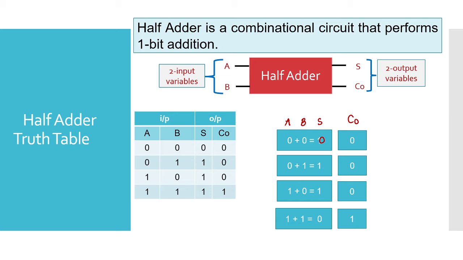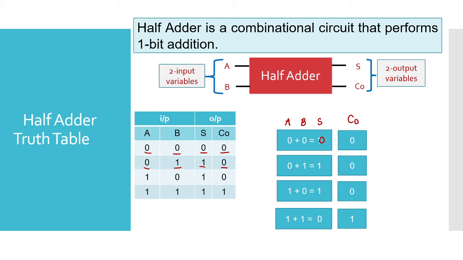I drew A is 0, B is 0, sum is 0, carry is 0. A is 0, B is 1, sum is 1, carry is 0. While drawing the truth table, always remember the input variable combinations should be in sequence. You cannot take the sequence randomly.